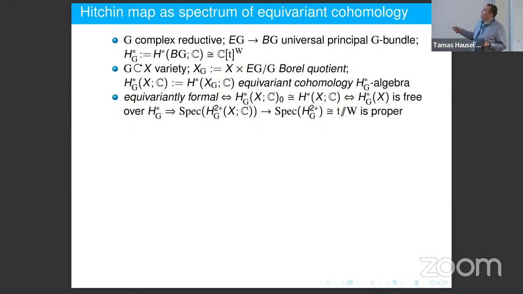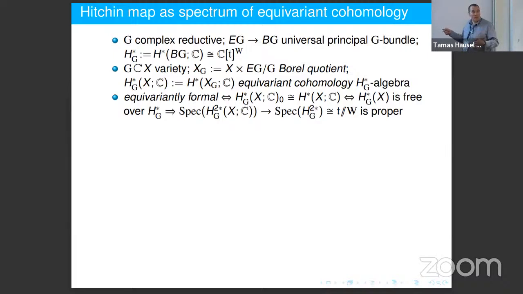You can also take the even part of the cohomology, which will be a commutative algebra over C, and you can take its spectrum, and then the structure map will give a map down to the spectrum of the coefficient ring, which is just going to be T mod W, this vector space. And the equivariant formality will mean that this is proper. In fact, you can argue that this is also going to be finite flat.